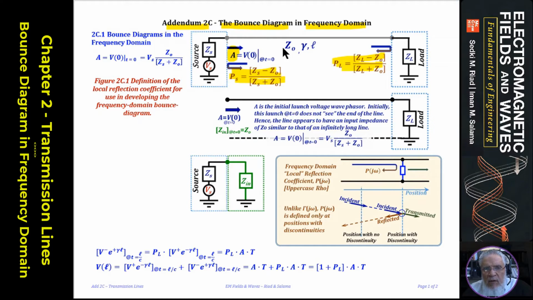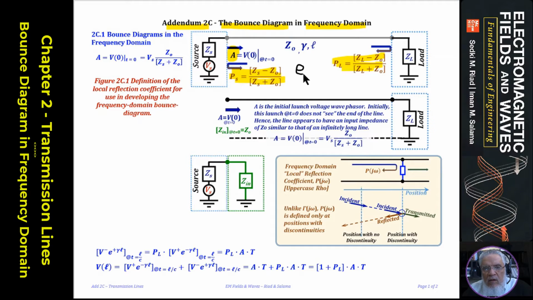It's going to also be modified by the travel from the source to the load and back again from the load to the source. As the signal travels from one side of the line to the other end, it gets modified by e to the minus gamma times the distance traveled. This is the expression that we saw in the body of the chapter.